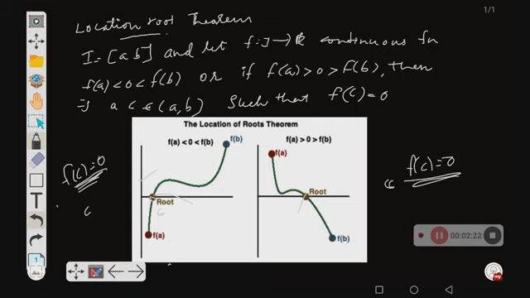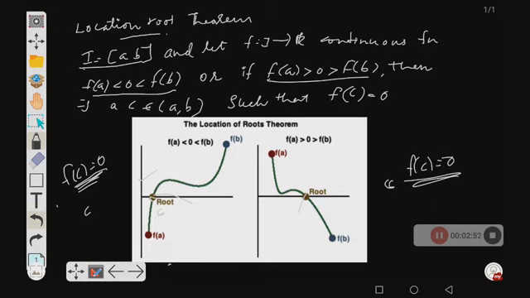So the location root theorem says how we can find a root of the function if, in a closed interval [a, b], it satisfies this condition or this condition.